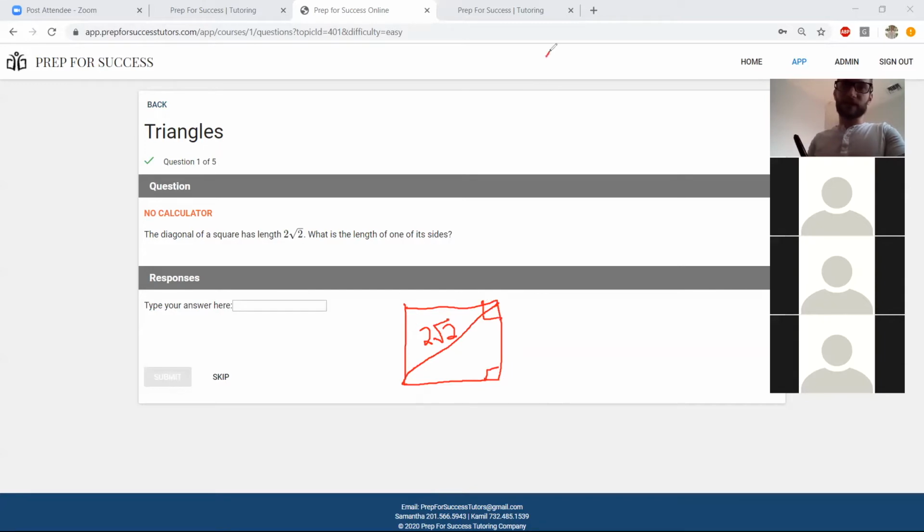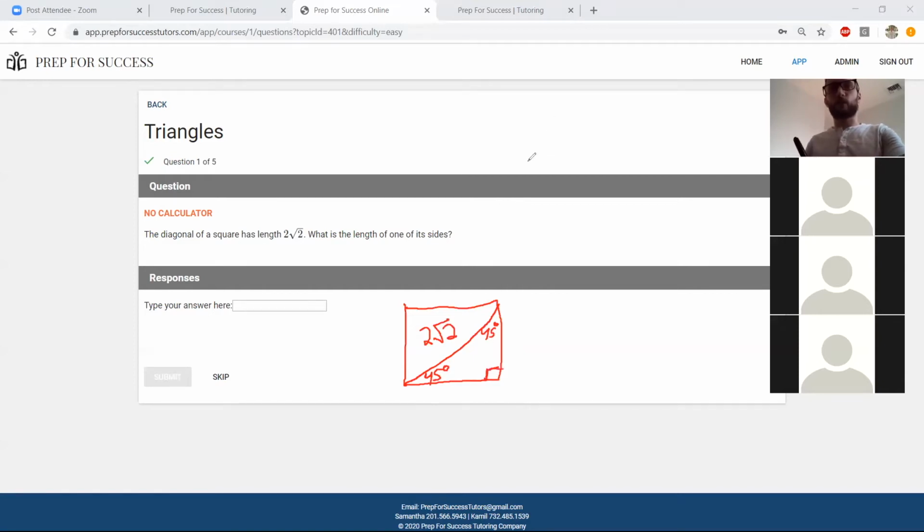Now, when I have a diagonal, let me redraw this diagonal so it's a little nicer. Something like that. When I have a diagonal, it's supposed to cut the angle in half. So what's half of 90? 45. So this is a 45-degree angle. This is a 45-degree angle. So I got 45, 45, 90.